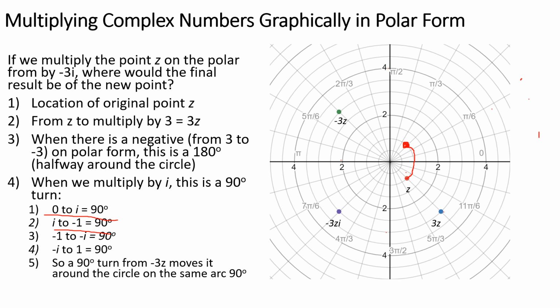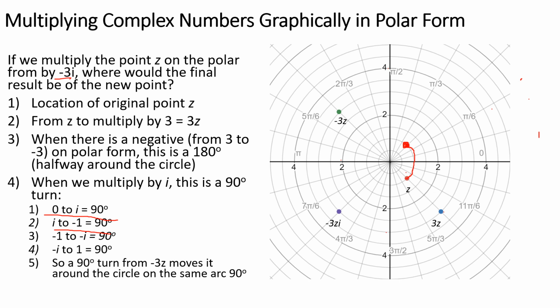If I was going to go halfway around, cursor here, there it is, halfway around, 180 degrees, because it's negative. Remember, if we're moving I, that's 90 degrees, except we're also moving negative.